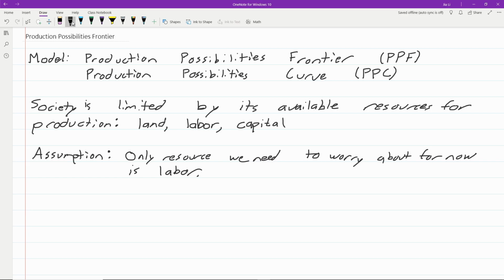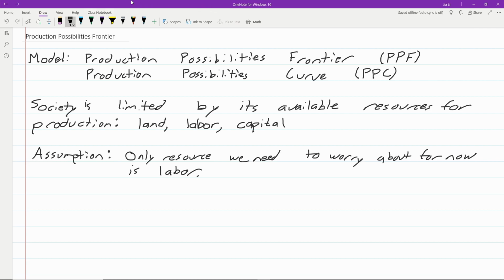And this is just for, again, simplification purposes. If we wanted to include these other types of resources in a model, we absolutely can, and we actually will in a way later on. But since this is the first time we are looking at this model, we're going to keep it nice and simple. We're going to just say the only one we need to worry about for right now is labor.